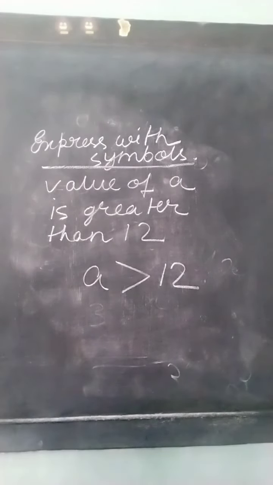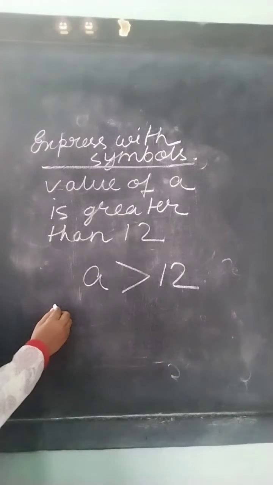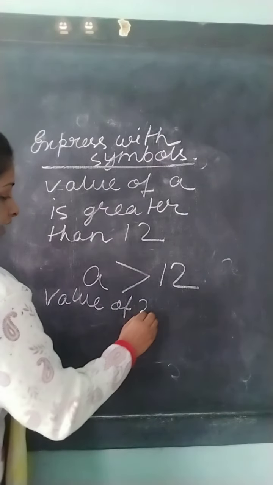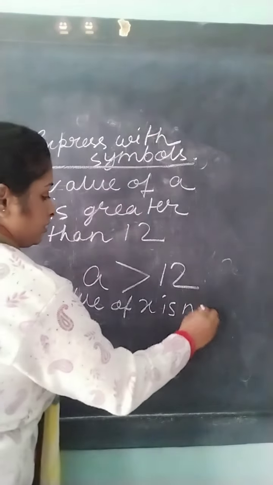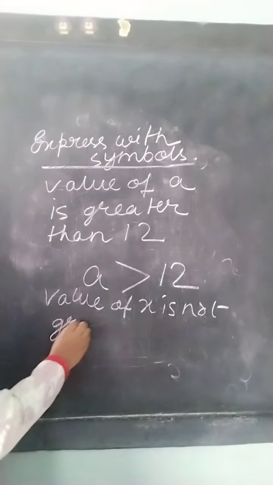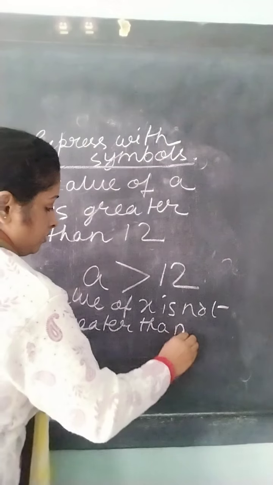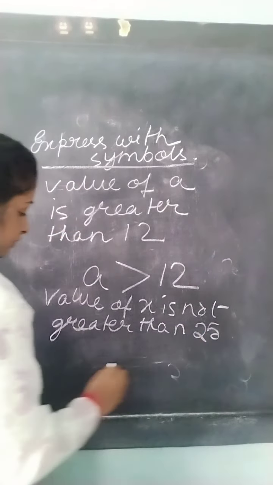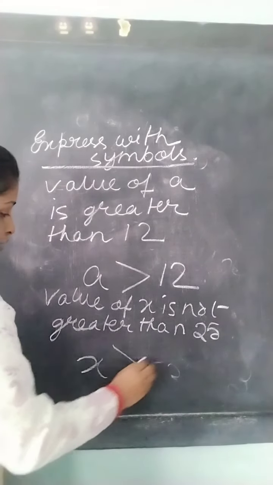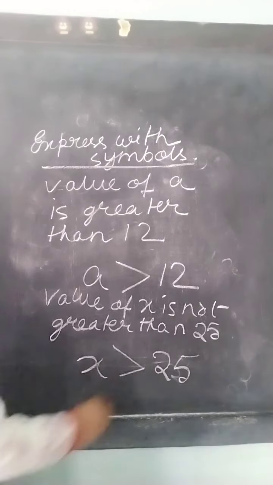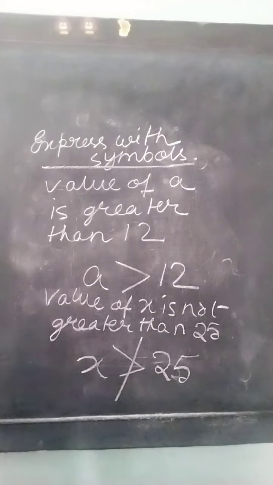Or it is given that value of x is not greater than 25. Value of x is not greater than 25. Then you will write x greater than 25, and not greater than is represented by a sign like this.